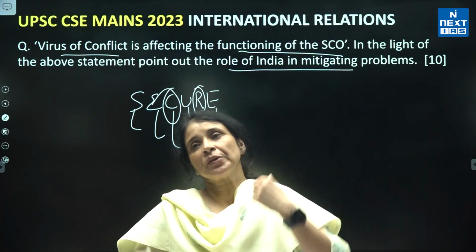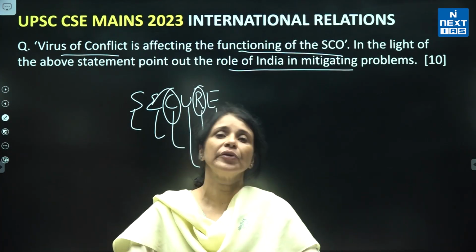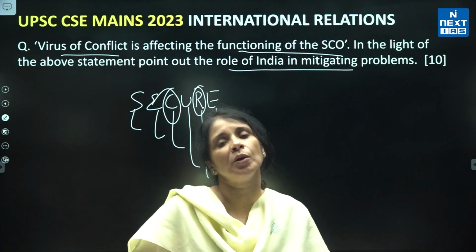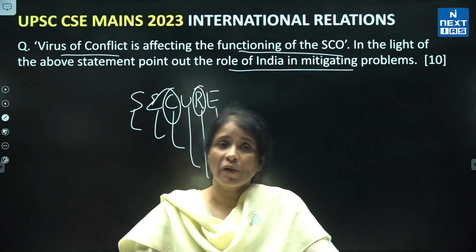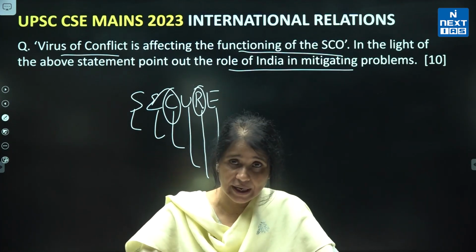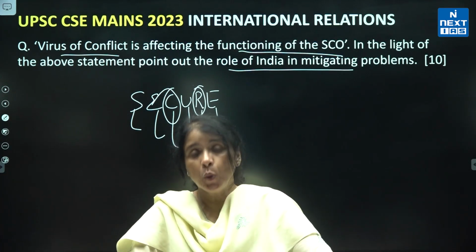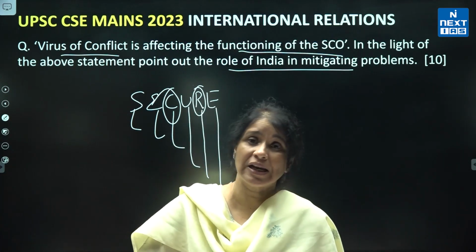And then if you see all the countries of the SCO member group, they are facing the problem of terrorism, radicalization or drug trafficking. Here also India can work together, and that is what India has been emphasizing.